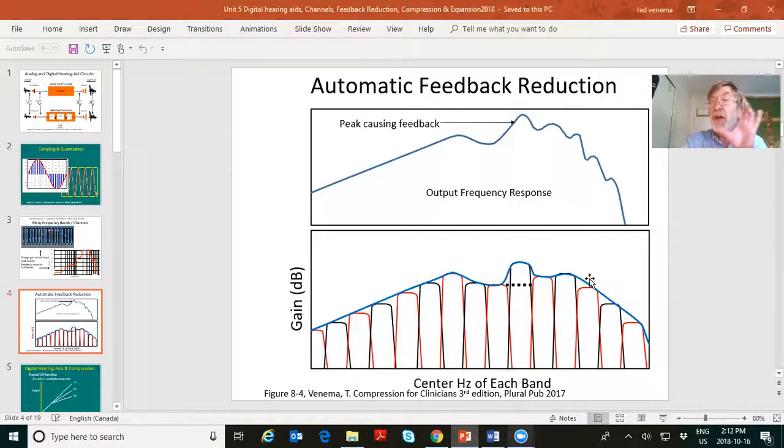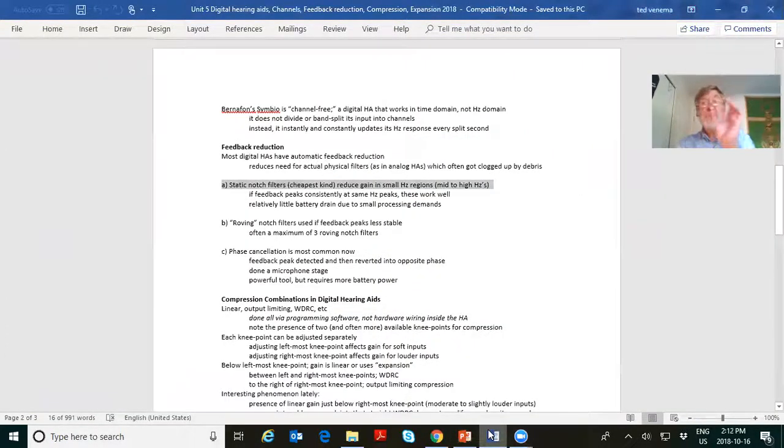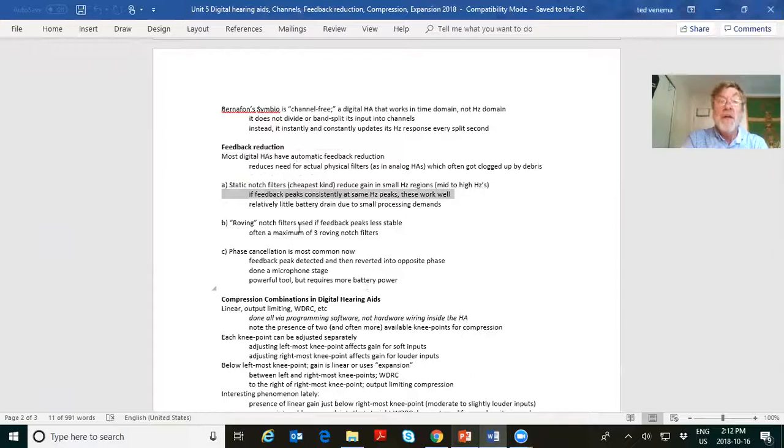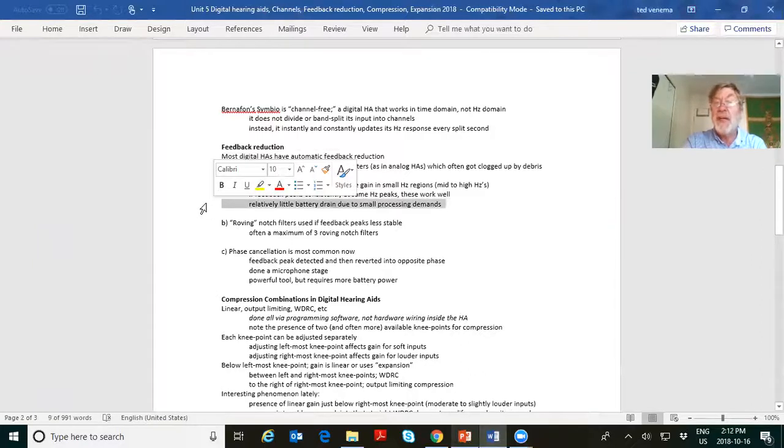It was usually in the highs at the frequencies where the feedback was occurring. But feedback can change. I mean, things can change in a hearing aid. So a static notch filter didn't always work all that well. If the feedback peaks were consistently at the same frequency, yeah, then they worked well. Relatively little battery drain due to small processing demands.